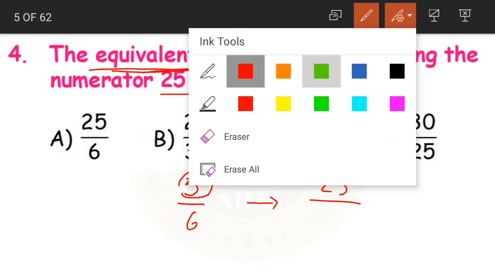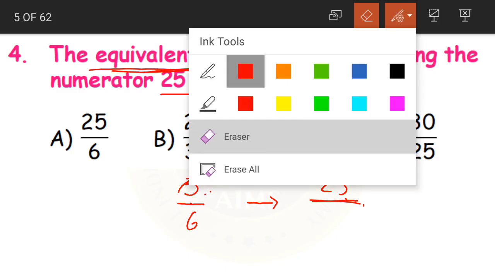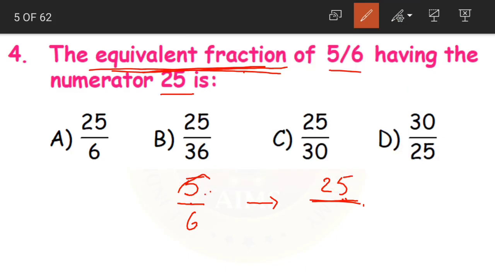Okay, now here what are they saying? We need to get 25 in the numerator. We are having 5, but we need to get 25. So now what should we do? Should we multiply 5 with something to get 25, or should we divide 5 to get 25, children? We should multiply. Yes, 5 5s are 25.